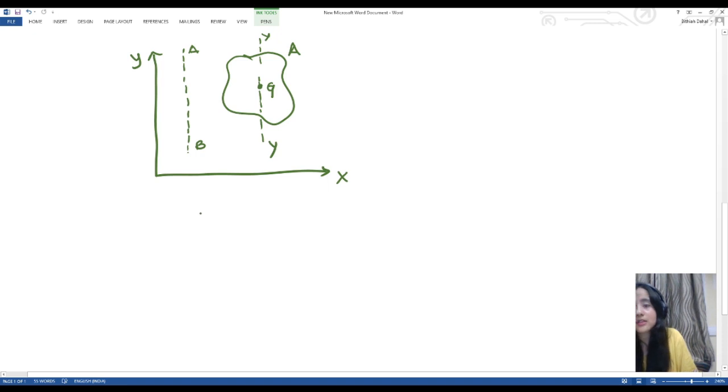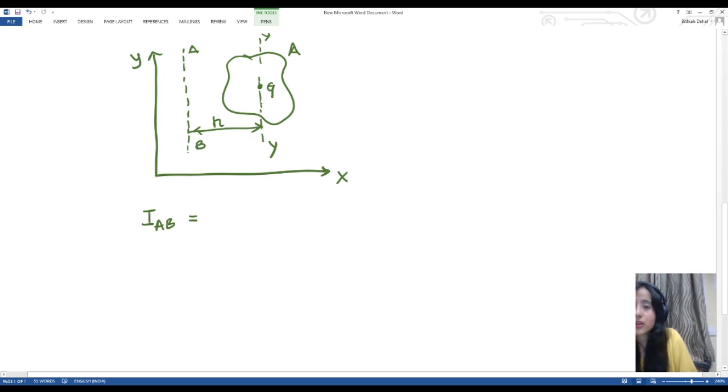Now similarly, I want to find the moment of inertia about this plane IAB, and the distance between these two axes be h again.